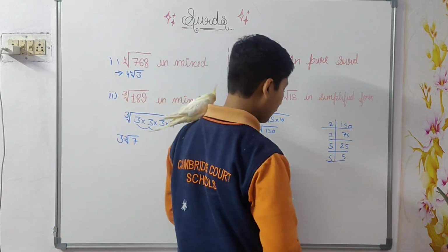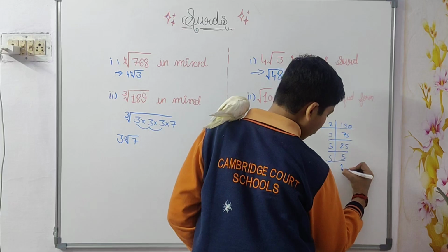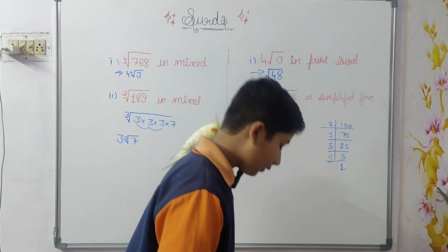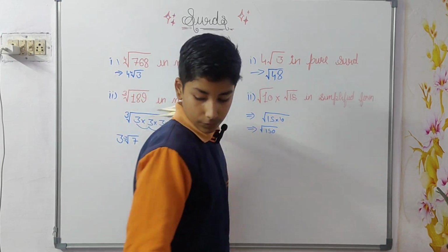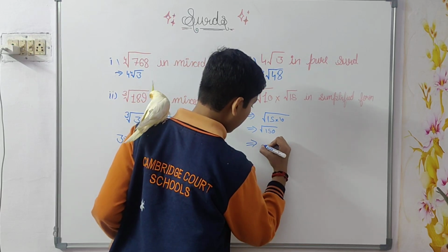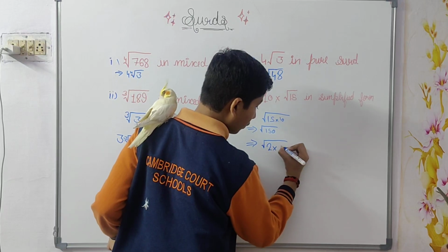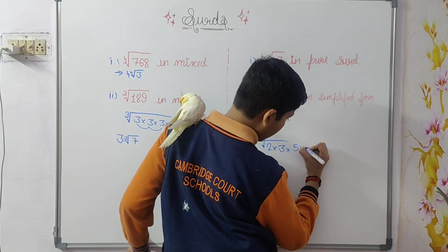Once again 5 is taken, and 1 comes over here. Yes. So what is left? 2 into 3 into 5 into 5. So further it can be written as root of 2 into 3 into 5 into 5.